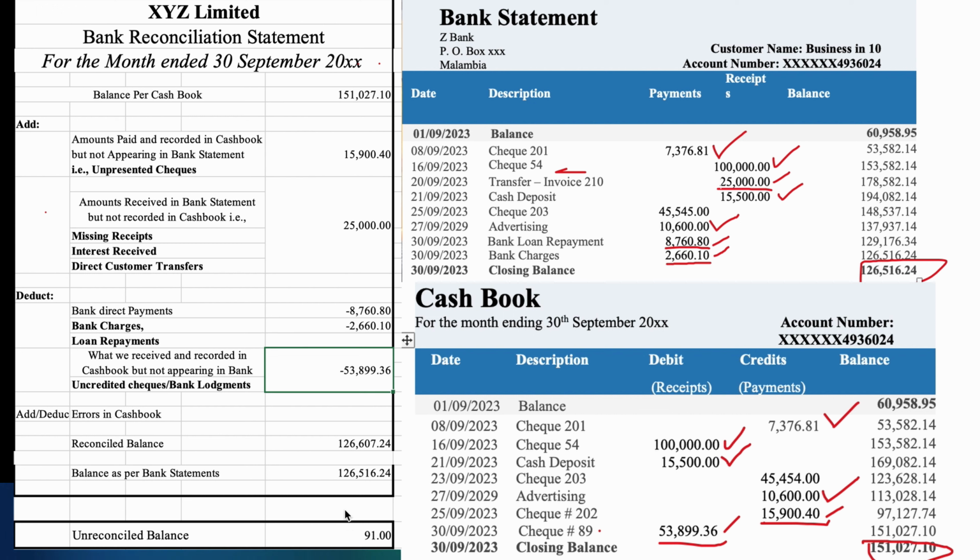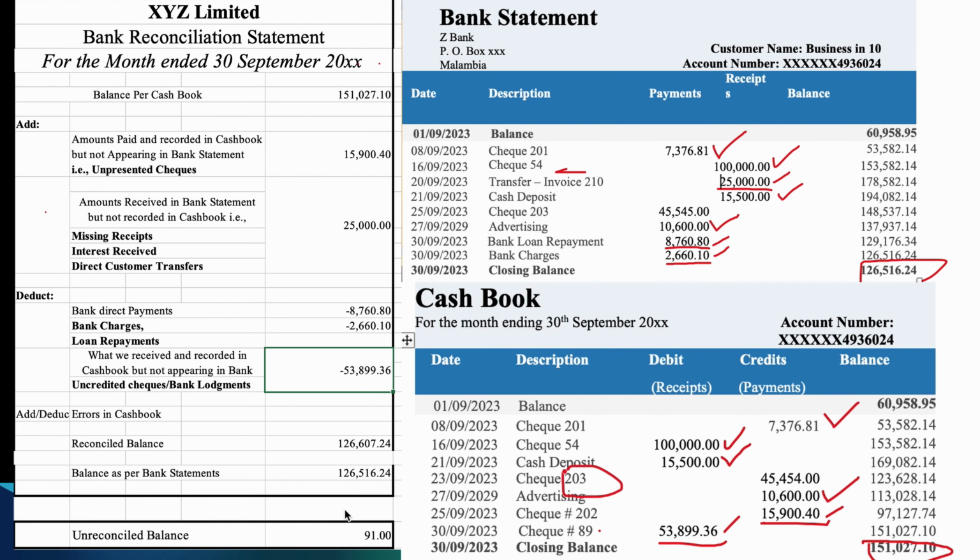Now, lastly, we have to add or less any errors in the cash book. So if you check all the transactions in the bank statement and the transactions in the cash book, you will notice that we have ticked all the transactions except one transaction in the cash book and one transaction in the bank statement.